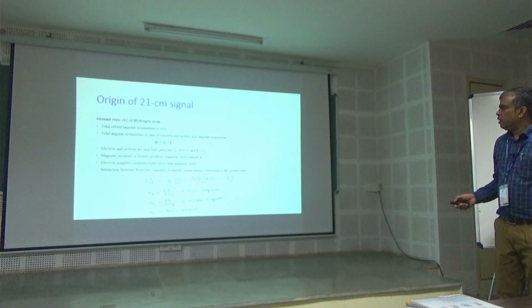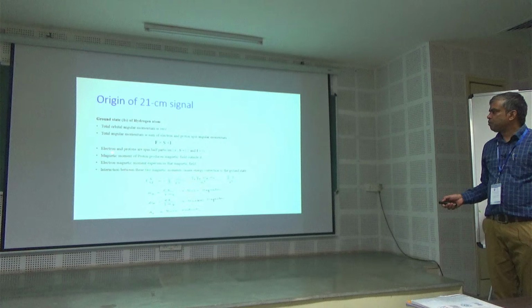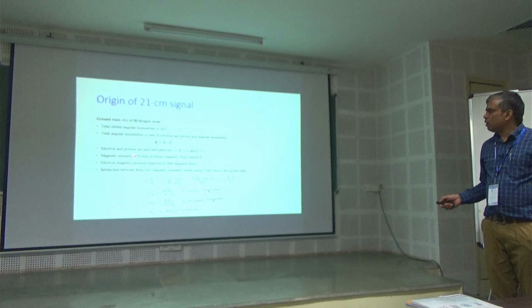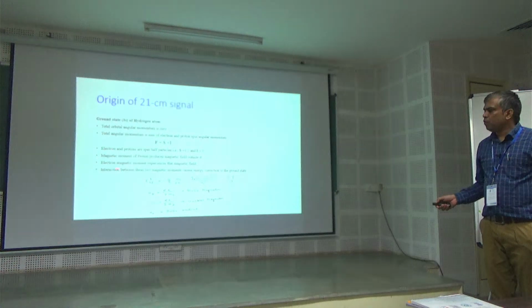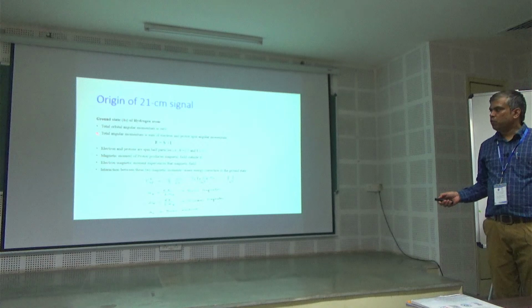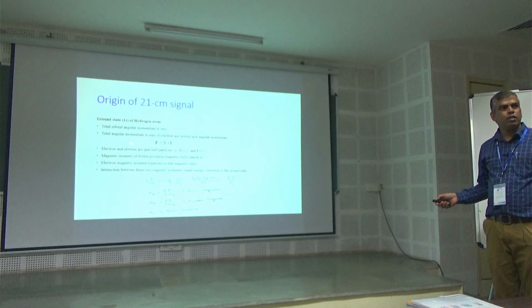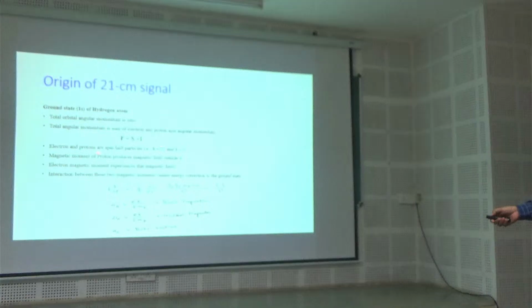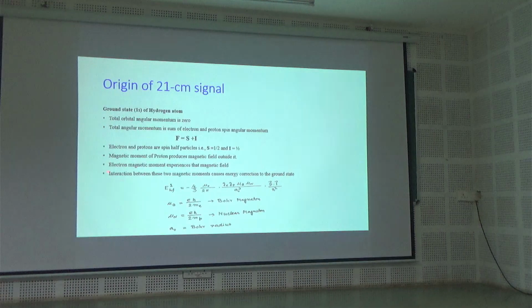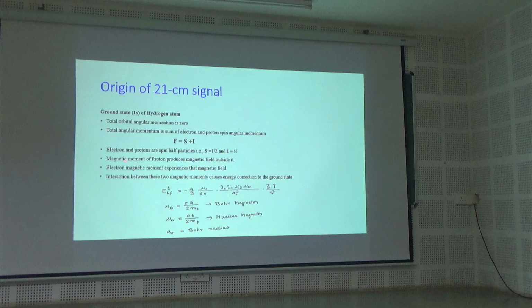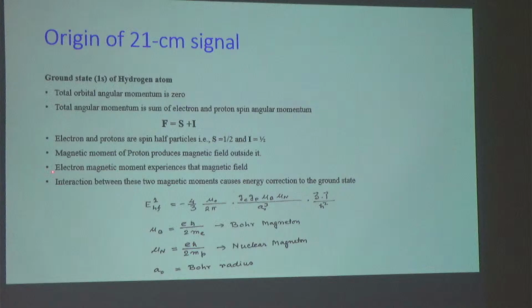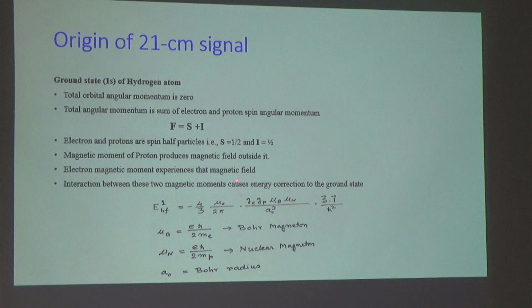Now the proton has a magnetic moment, and it produces a magnetic field outside it, right? And the electron is also a charged particle, so the electron magnetic moment experiences that magnetic field. So the proton is producing the magnetic field, and the electron is experiencing that magnetic field.